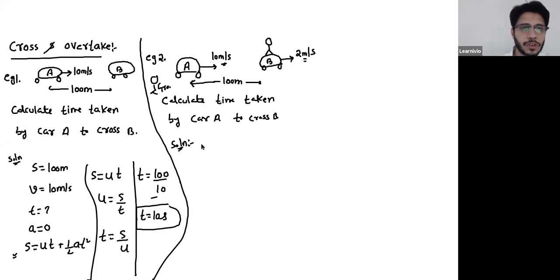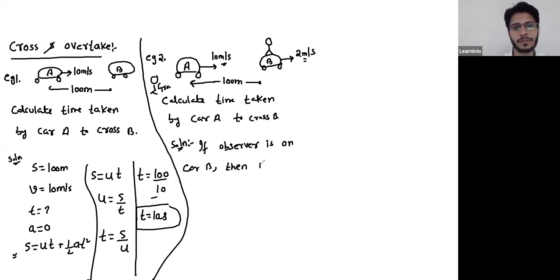So if the observer is on car B, then B is at rest with respect to this observer.